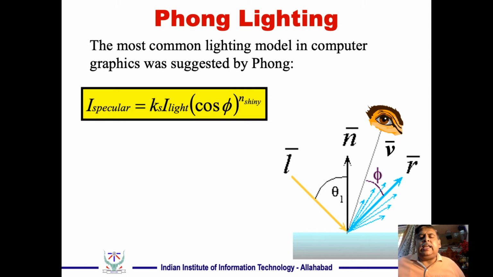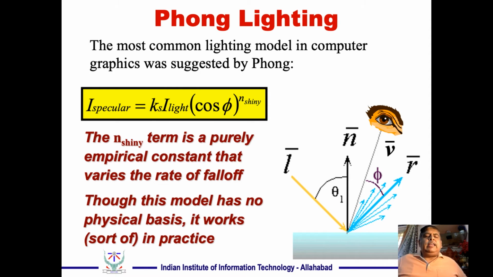When we fix the camera, we can compute the direction v, and once we have the vector v, we can find cos phi as the dot product between r and v. Of course, I don't know direction r directly, but I know where the light sources are and I know the normal to the surface. So I have already calculated the vector r as a function of the illumination and the normal to the surface, through which I can always generate r.